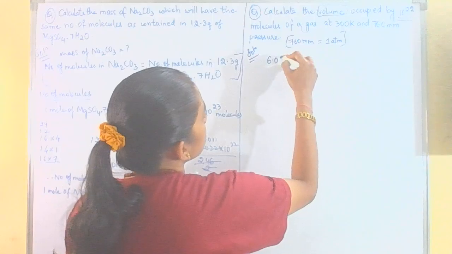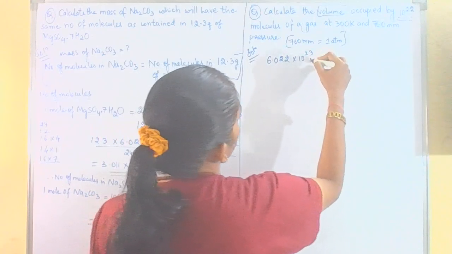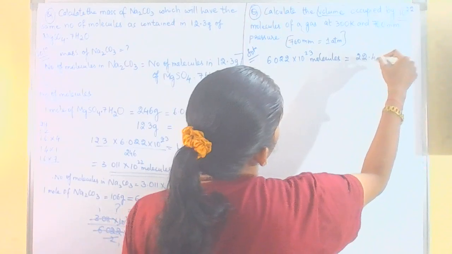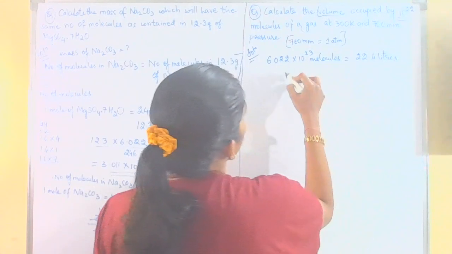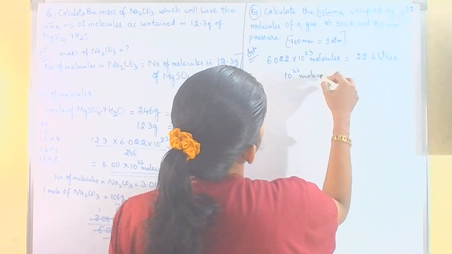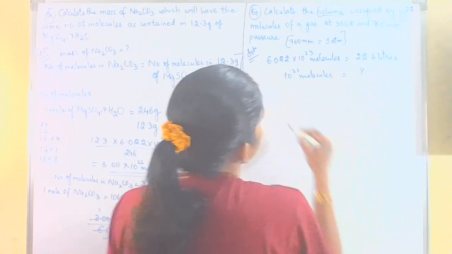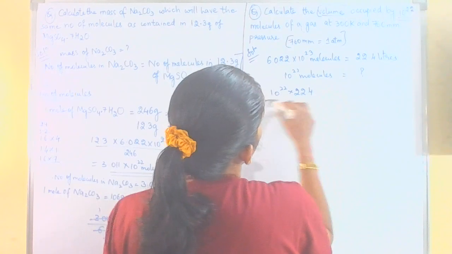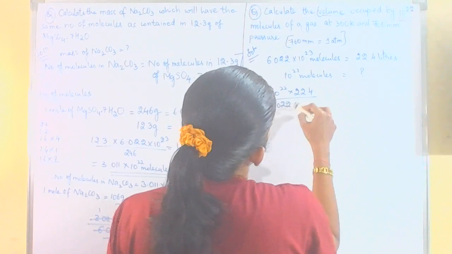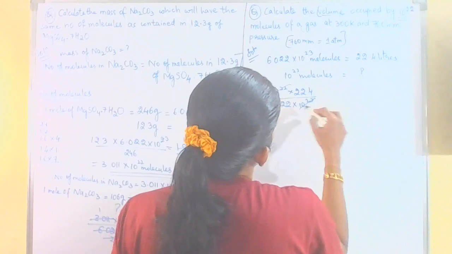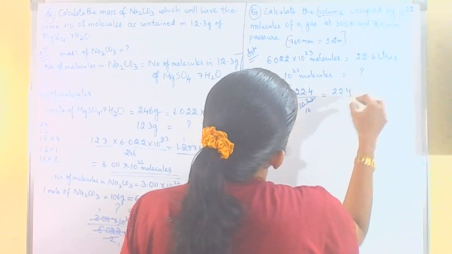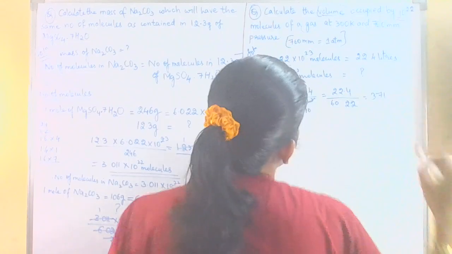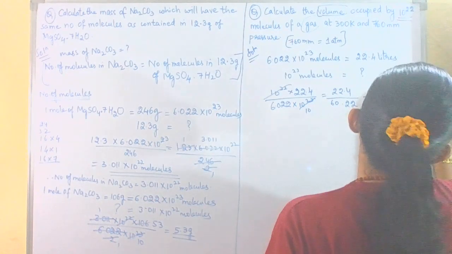So for 6.022 into 10 to the power 23 molecules at STP, the volume occupied is 22.4 liters. Then for 10 to the power 22 molecules, the volume occupied at STP is 10 to the power 22 into 22.4 divided by 6.022 into 10 to the power 23. 22.4 divided by 60.22, which is equal to 371.98 centimeter cube.